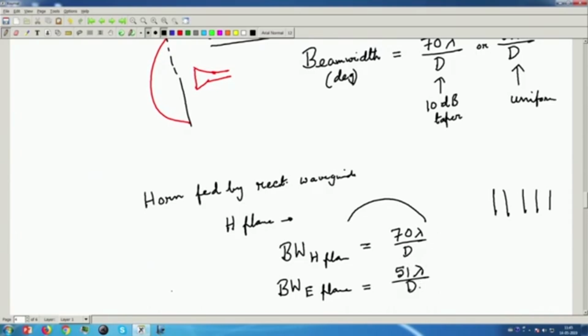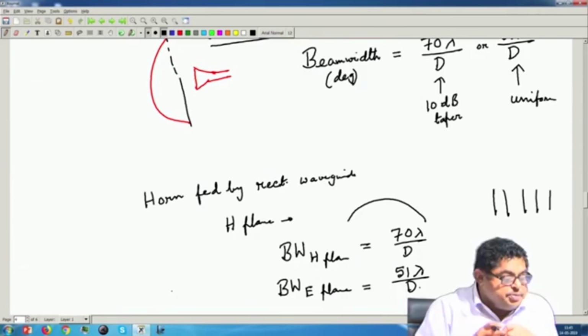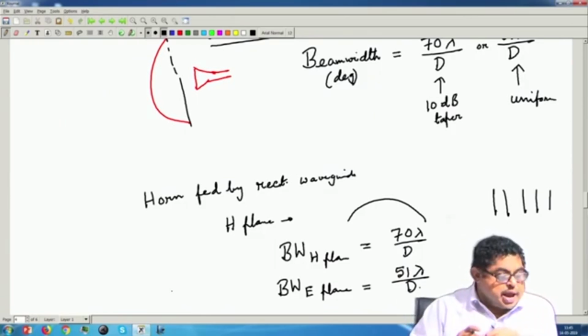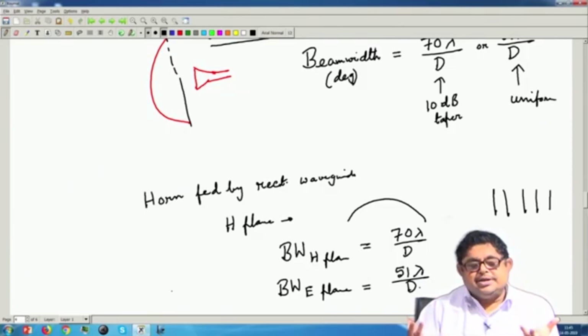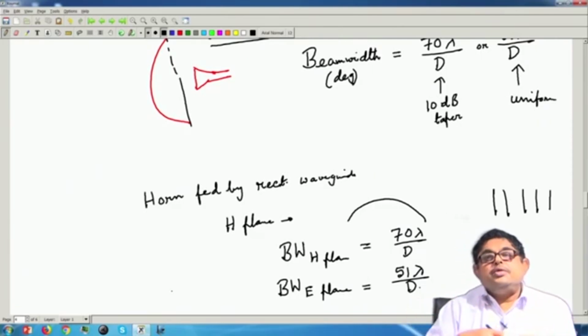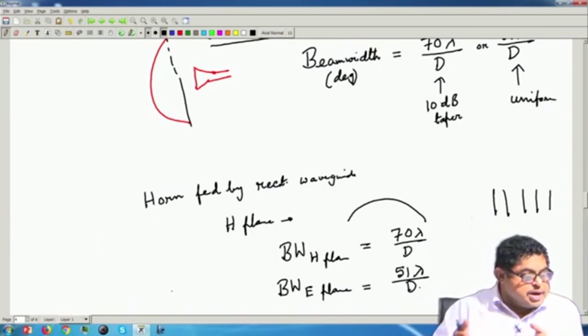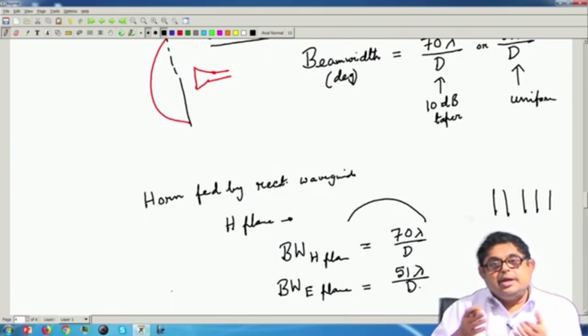So, actually the shape of the antenna determines the beam shape. A beam which is narrow in azimuth and wide in elevation, or narrow in elevation and wide in azimuth, is called a fan beam.